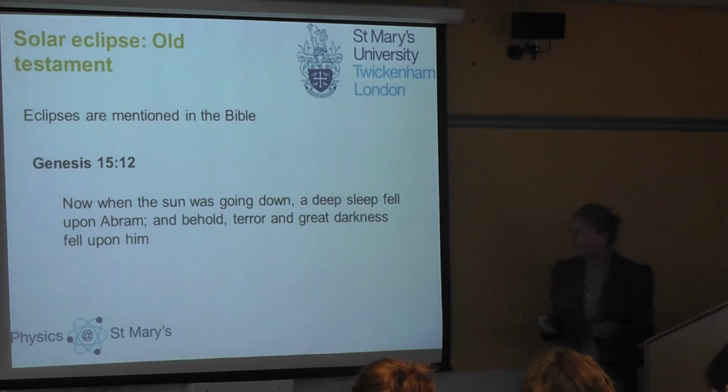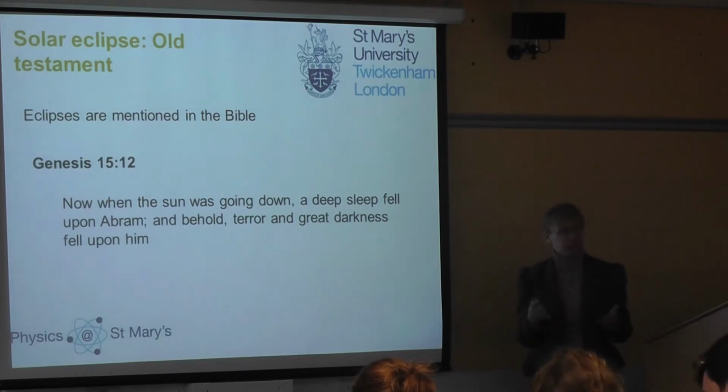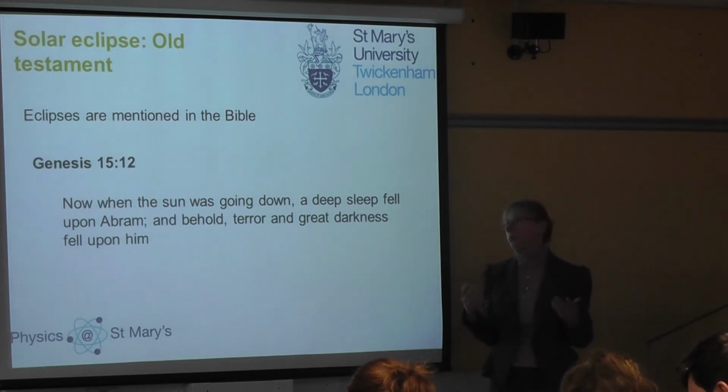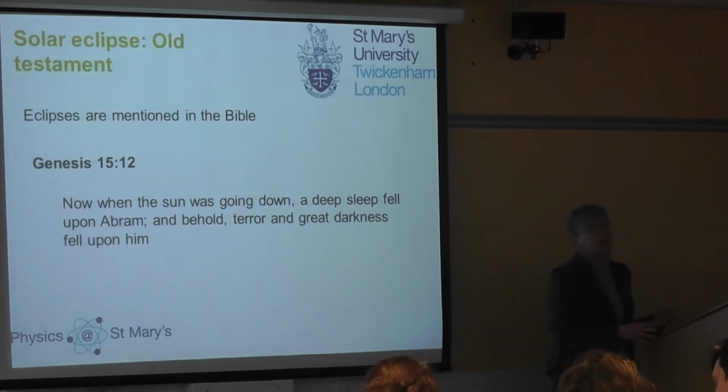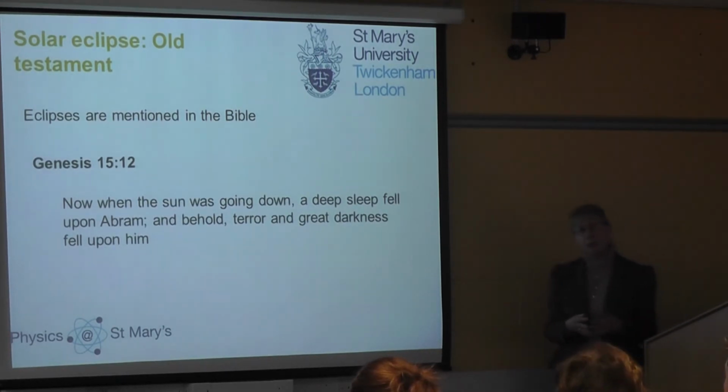Now, this one, obviously, you can see from a religious point of view as God talking to Abraham. But you can also see it from a more scientific point of view as a nice description of a solar eclipse.